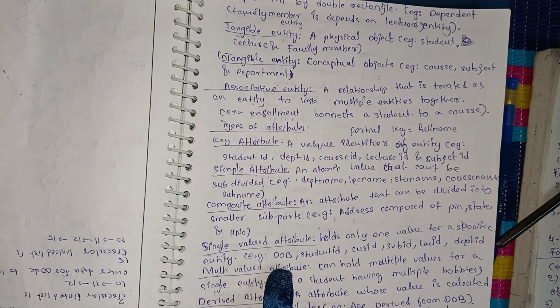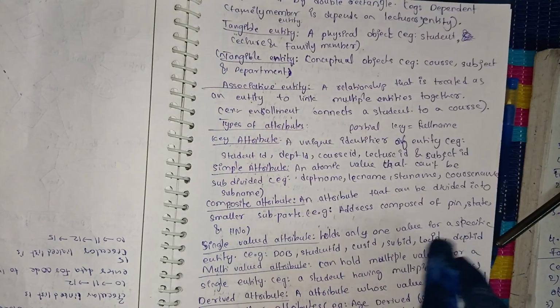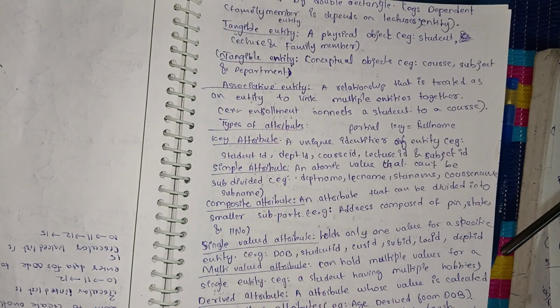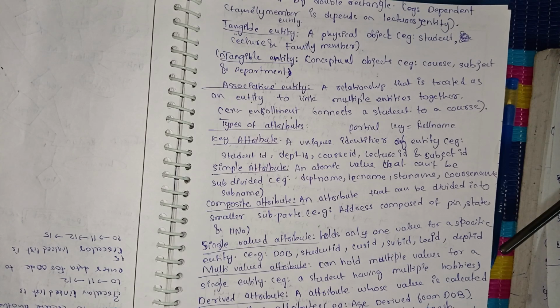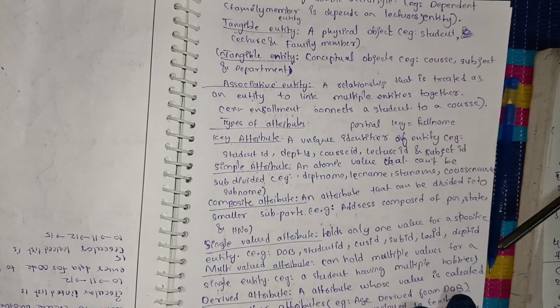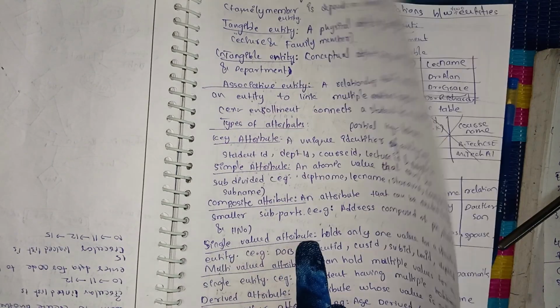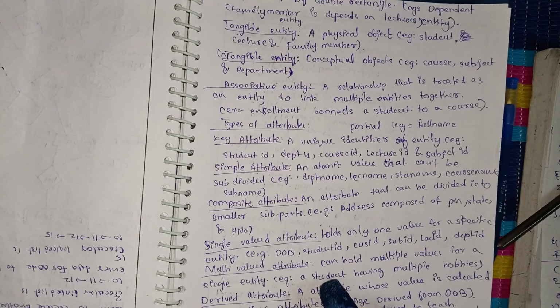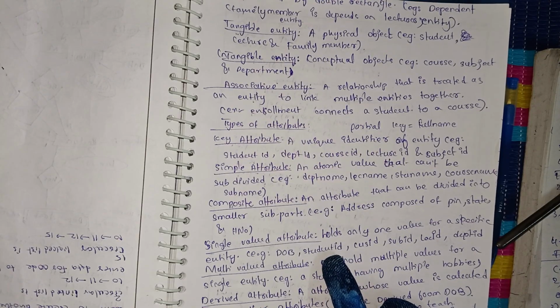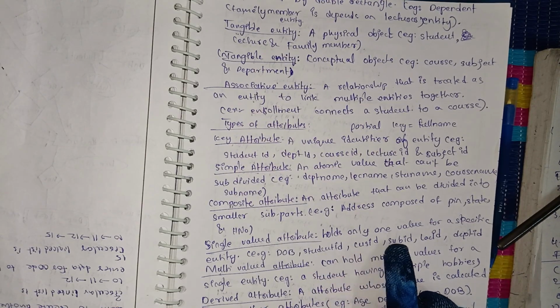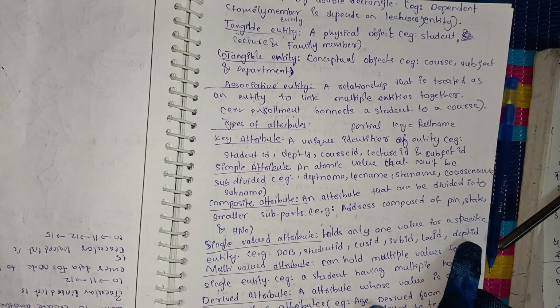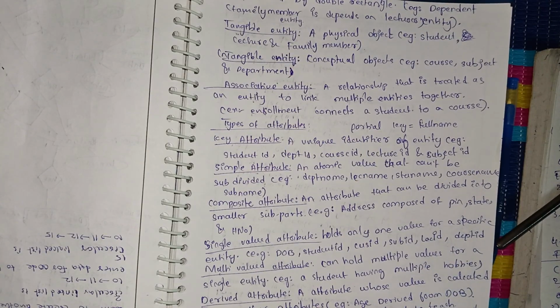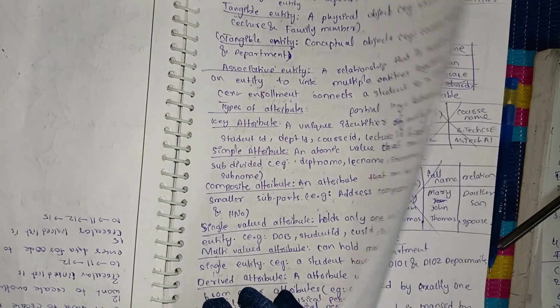And the date of birth of a student is also a single value; a student can't hold two dates of birth. That's why it is called a single valued attribute. Similarly, the particular persons can't hold two values of these IDs.